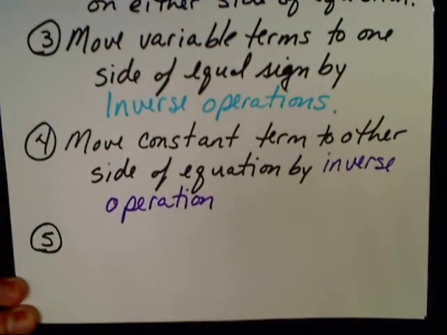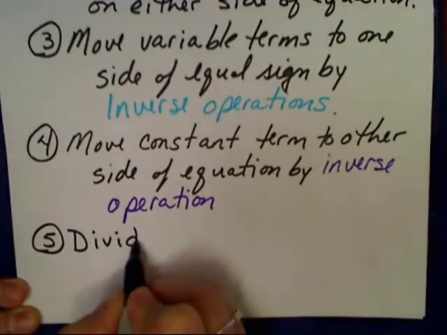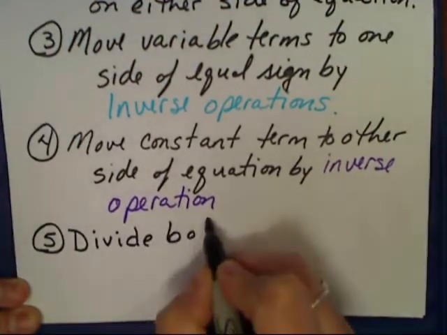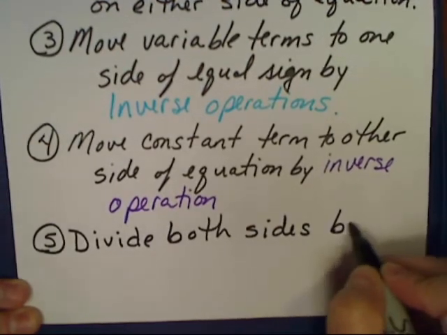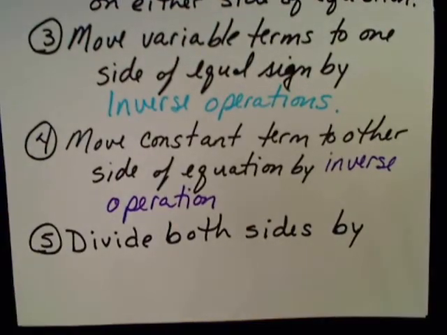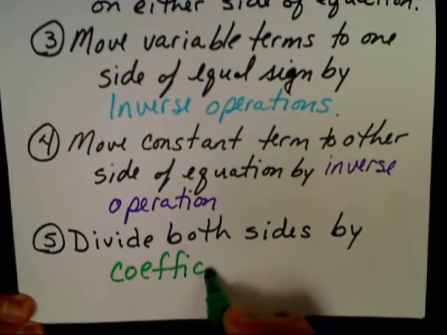So the last step is going to be to divide both sides by the coefficient of the variable. Coefficient is a big word.